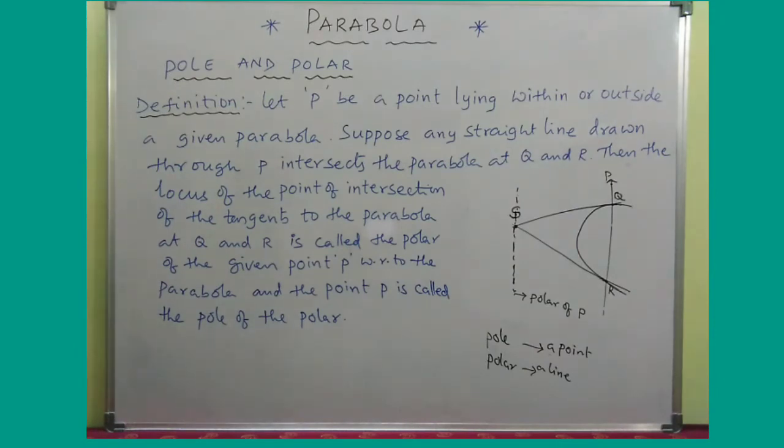Now what is the equation of polar? As you learned in the chapter circle also, the equation of polar at a particular point P(x1, y1) is S1 equals 0.